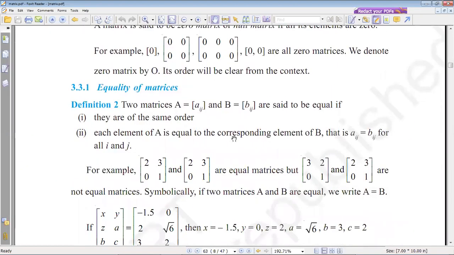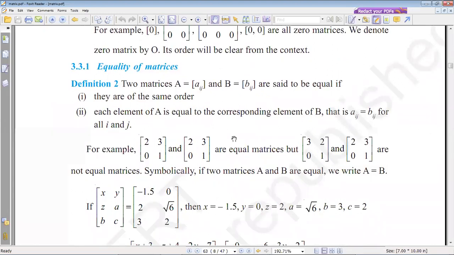Now equality of matrix today is simply just a revised class of HS12, nothing else. What is equality of matrix? I think you already know.